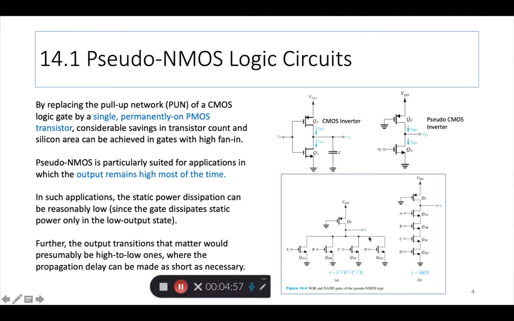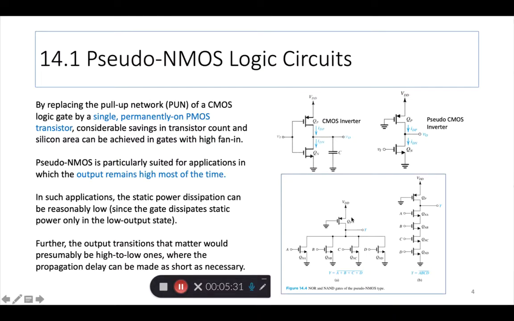Now, if you look down here, you'll see that for a 4-input NOR gate, for example, normally with a standard approach you would have 4 NMOS transistors on the bottom for the pull-down network, and you would also have 4 PMOS transistors on the top to create the PUN, the pull-up network, right?